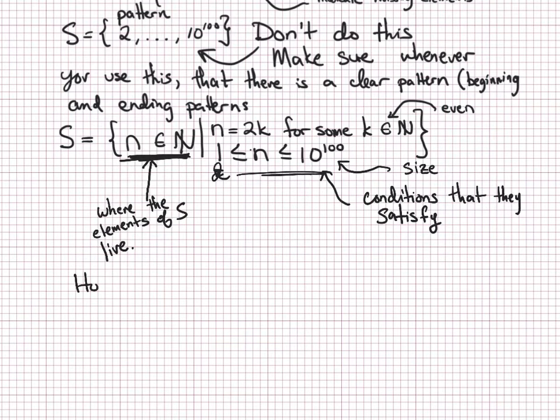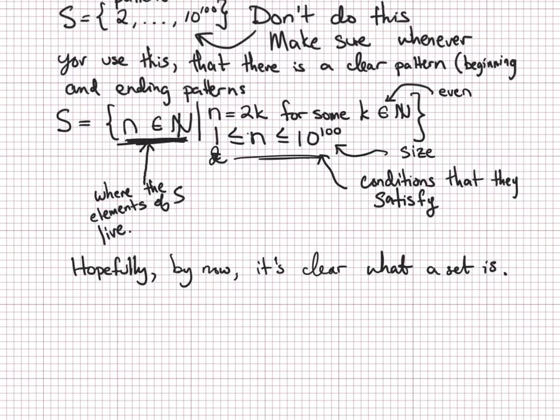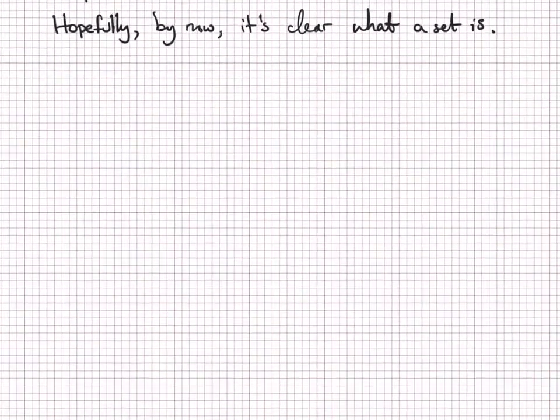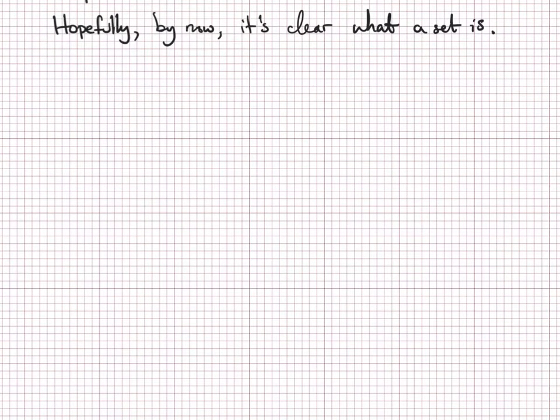So hopefully, by now, it's clear what a set is. Or at least you have some kind of intuition as to the potential of what a set could be. Okay? So it's a very general definition, but hopefully it's reasonably clear.